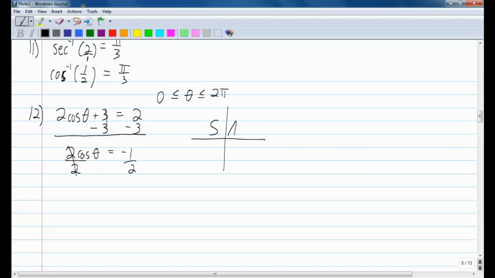If we use our salty C chart, this tells us that cosine is positive in the fourth and first quadrants. It's negative in the second and third quadrants. So for me to take the cosine of something and get a negative, the angle measure has to be in the second or third quadrant.